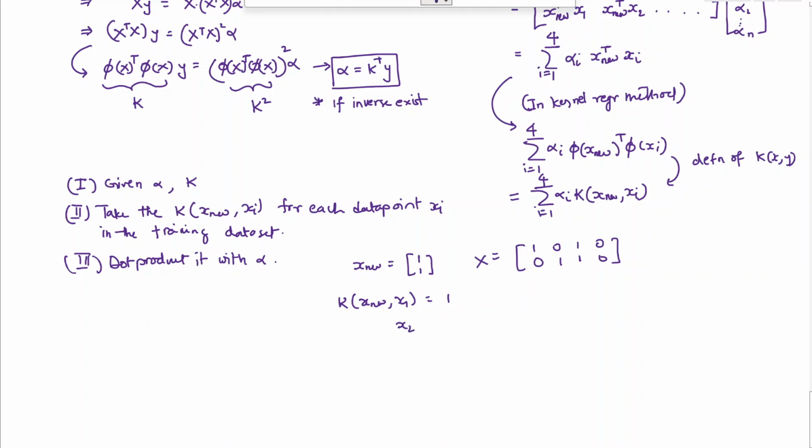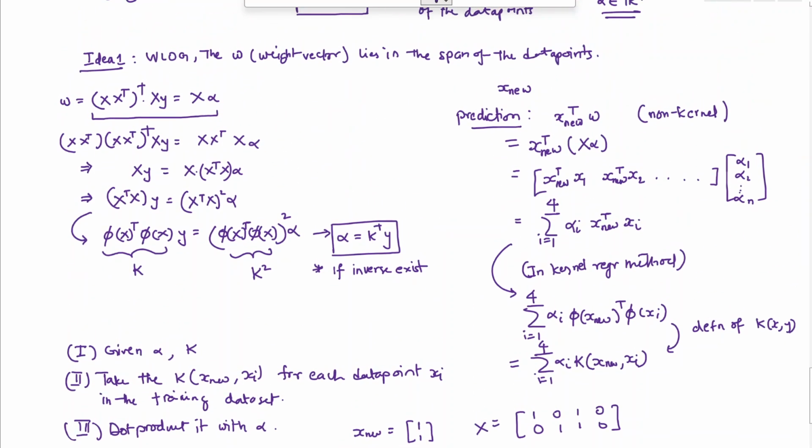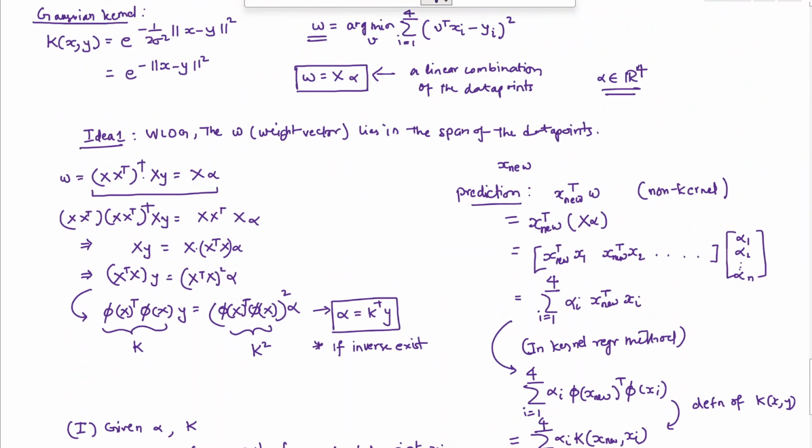Same thing with x2, that would be 1 again. With x3, okay, we have to use the kernel, which is e to the power of minus this expression here.